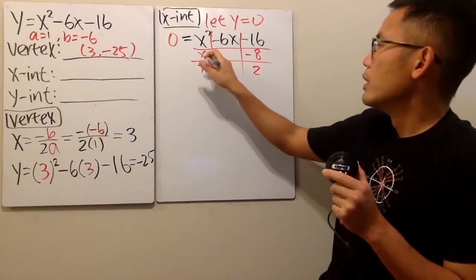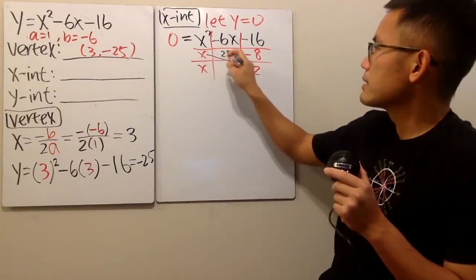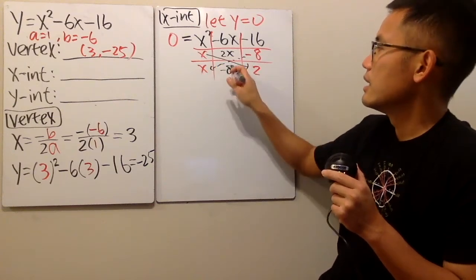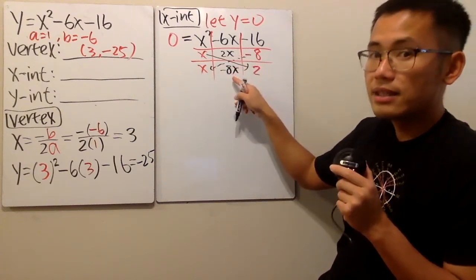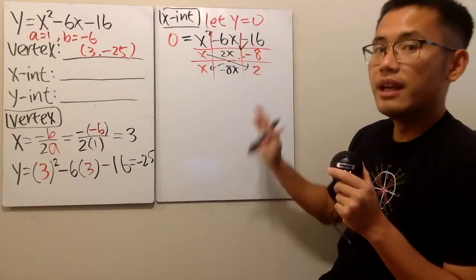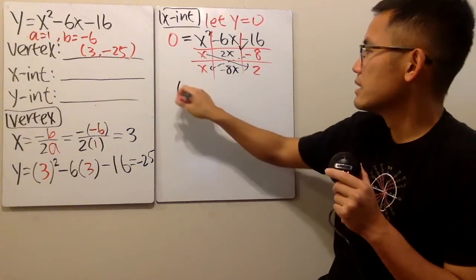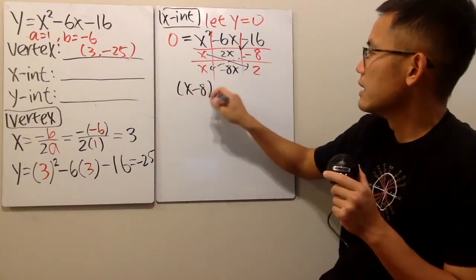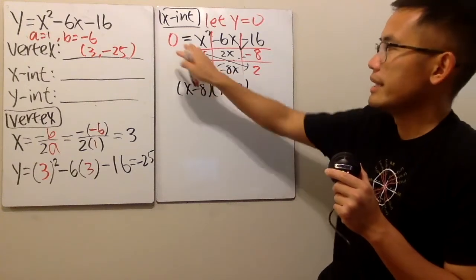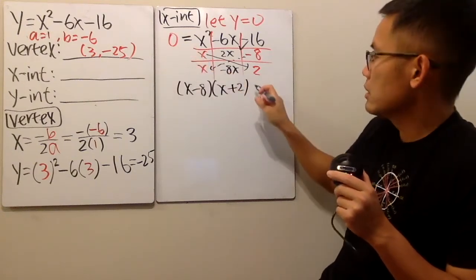And you see, x times 2, we get positive 2x. And negative 8 times x is negative 8x. 2x minus 8x, we do get the negative 6x that we are looking for. So this is good. In other words, we can see that this is just x minus 8 times x plus 2. And let me put down the equal to 0 right here.